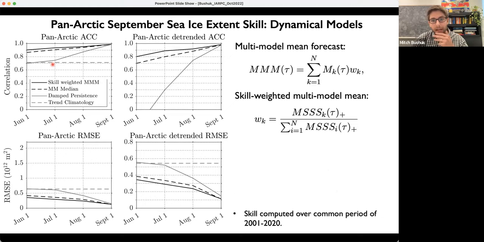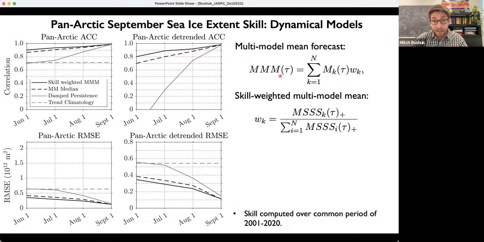Now we can add some multi-model predictions to these plots. These are multi-model predictions computed using the dynamical models that were submitted. The dashed black line shows the multi-model median prediction. The solid black line shows a multi-model mean, which is a weighted mean where the models have been weighted by their mean squared error skill score.